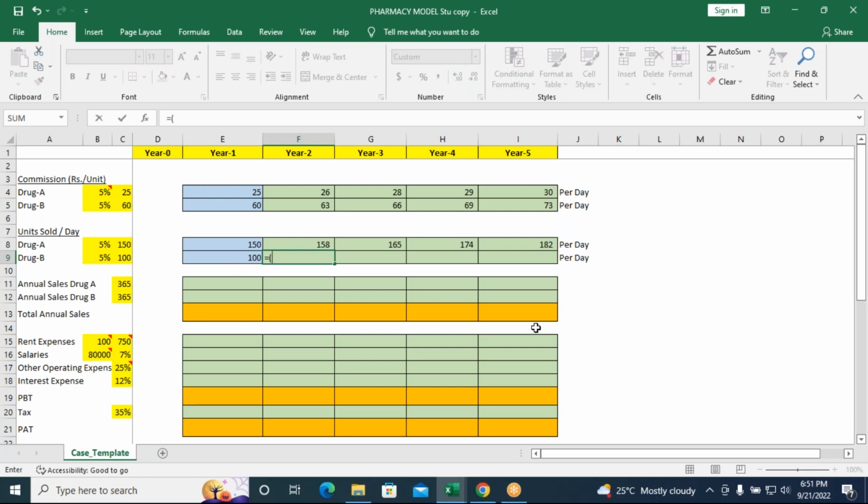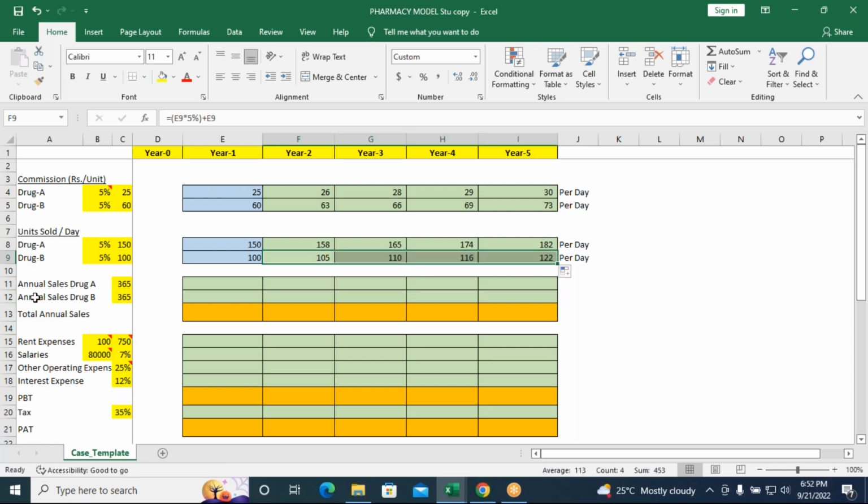I'll open the parenthesis, select the cell into 5% plus the cell I need to select. I'll drag it. Okay.